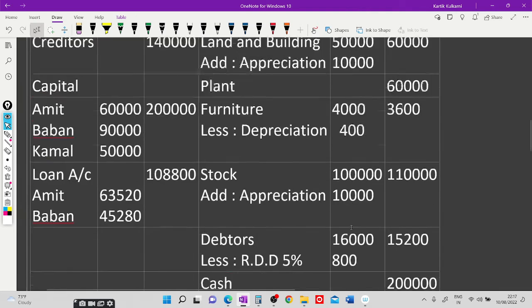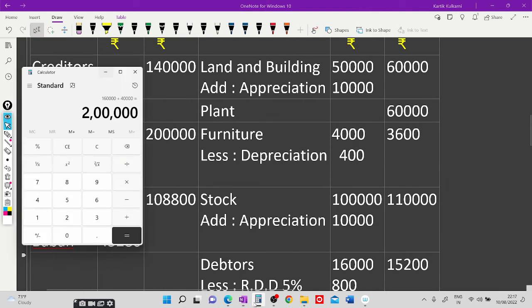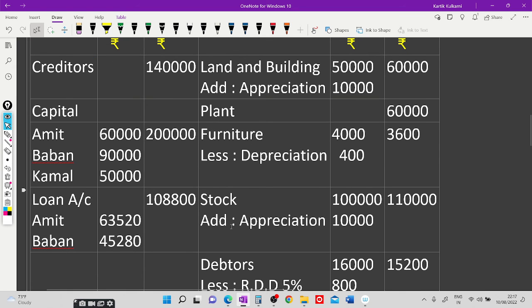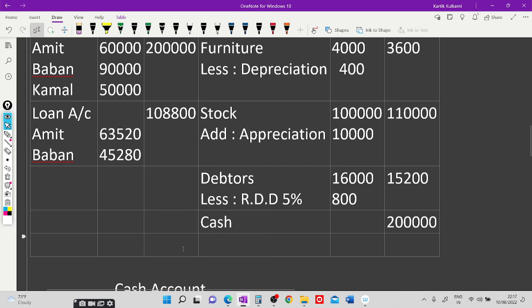Let's calculate the total. 1,40,000 plus 2 lakhs plus 1,08,800 comes out to 4,48,800.